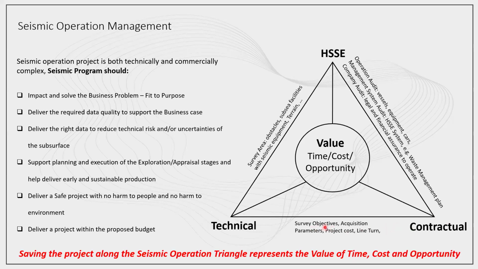This is stated within the statement of requirements in the contract. Acquisition parameters is stated in the acquisition contract. So the contract is actually the main controller between the technical and between the operator of the survey.